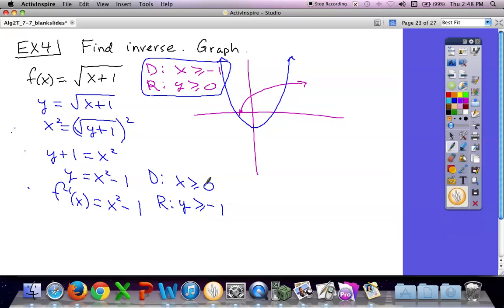Okay, well, see, in our parabola here, this left half of the parabola, x is less than 0. So it's not in the domain. Our domain would only start at x equals 0 and then go to the right. So this piece right here is actually not part of the inverse. So we would have to go in here and take that out.